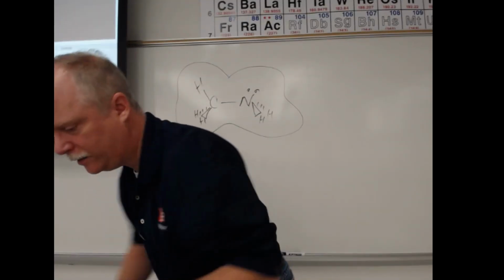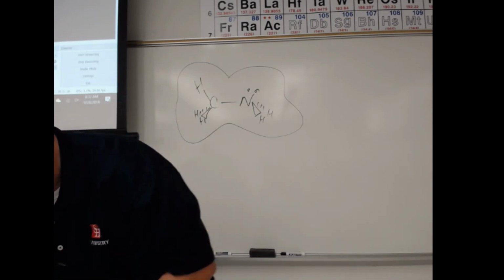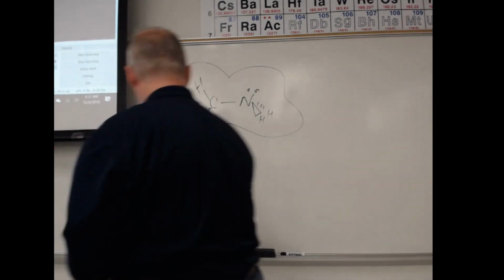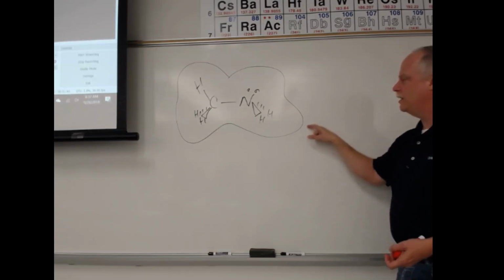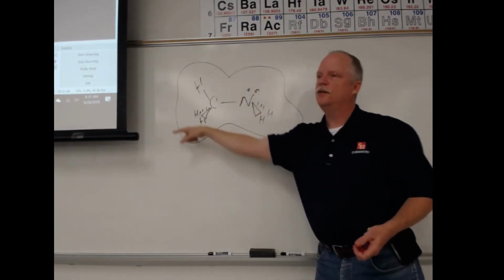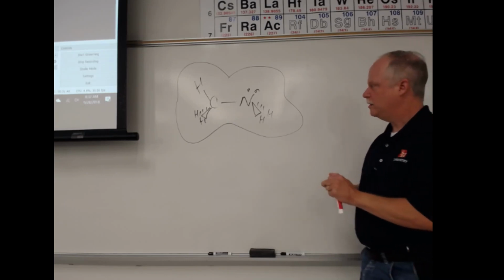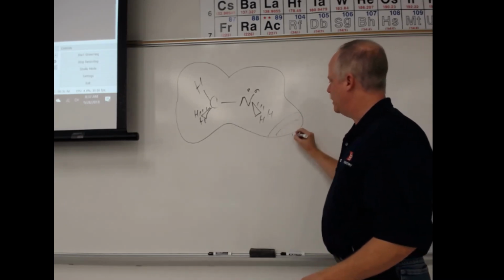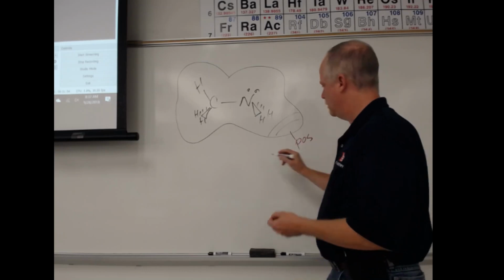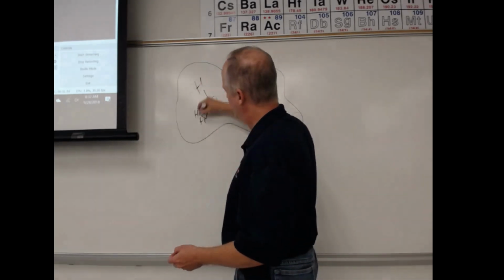And you're walking around with your little positive charge. But if I'm walking around this molecule on that surface, where are the positive regions? Yep, so this part right here will be positive. And these hydrogens will be positive.